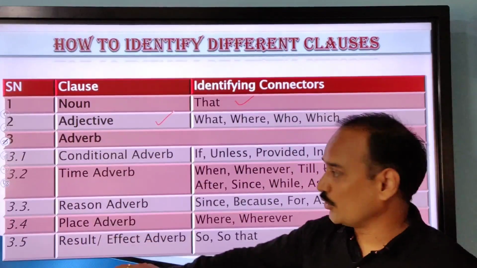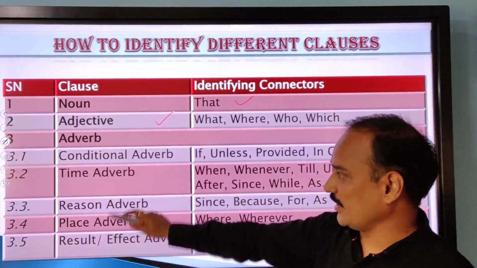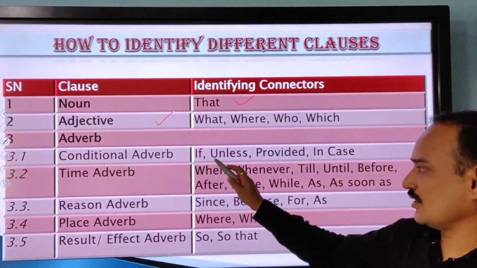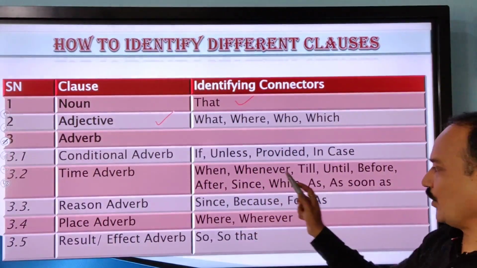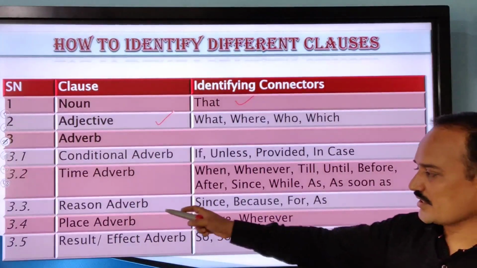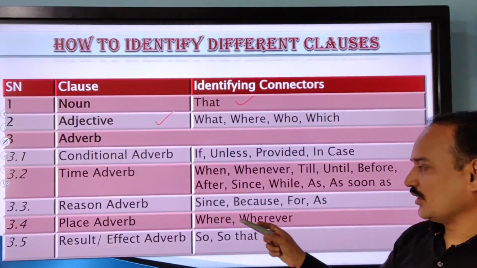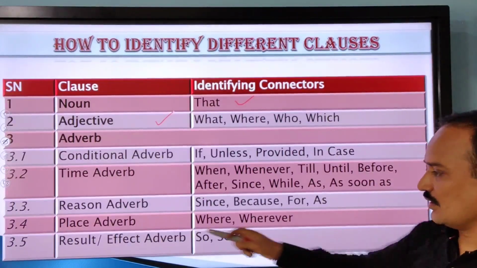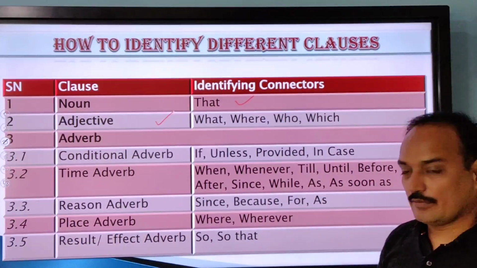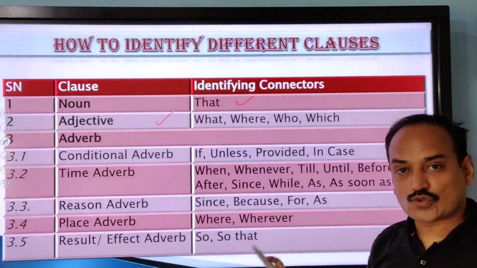When we are talking about adverb clauses, there are many. That is the conditional clause. Already I said if, unless, provided, in case. Time adverb: when, whenever, till, until. A big list is there. Reason adverb, that is giving a reason: since, because, for, as. Place adverb: where, wherever. And effect: so, so that.